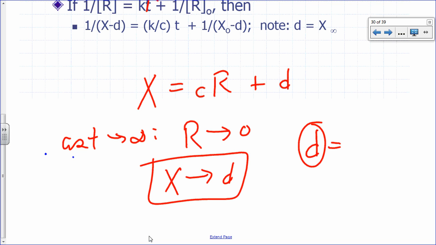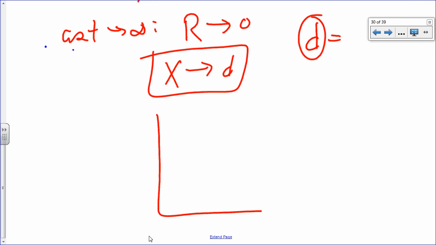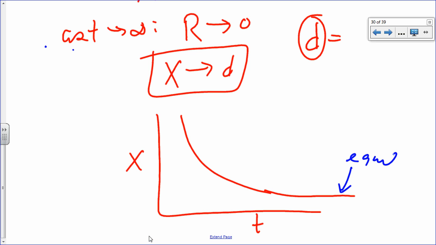Okay? So if your data looks something like this, x versus time, what's your d right there? You can see it's leveled off here, it's already at equilibrium here, right? So that's your x at infinite time, so that's your d.